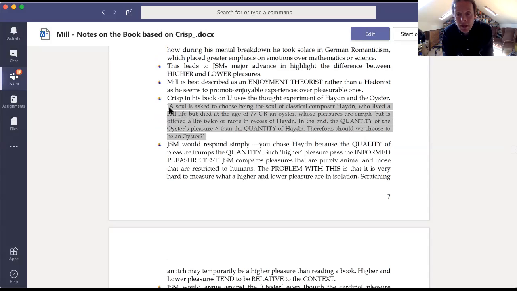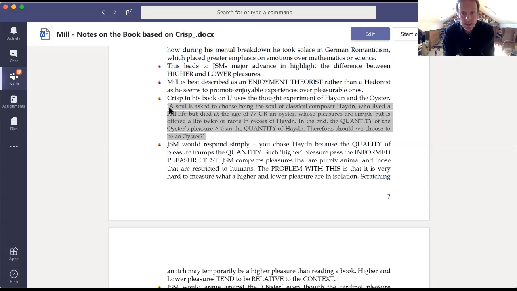You're a soul in heaven waiting to be allocated a body on earth, and there's a little supply of bodies left. The available ones have dwindled down, but you're given a choice between being Haydn the composer, who has success and honor in his lifetime, and he's cheerful and popular as a character. He's traveled widely and he gains much enjoyment from field sports. Or you can be an oyster, says the angel.